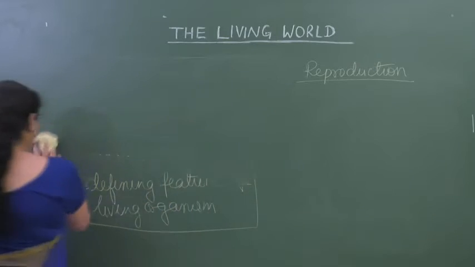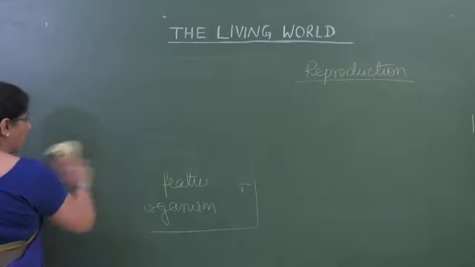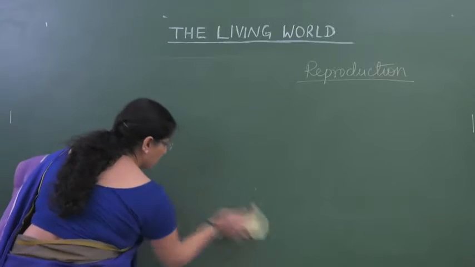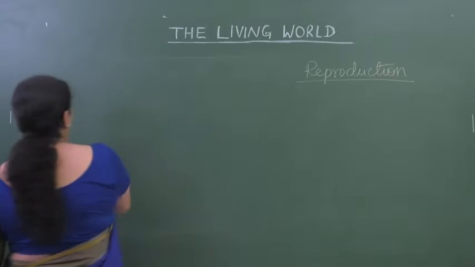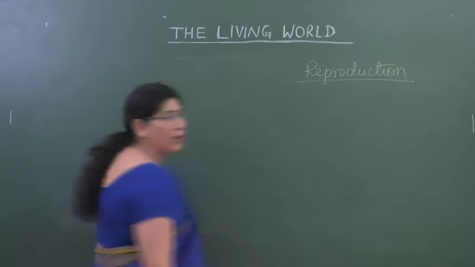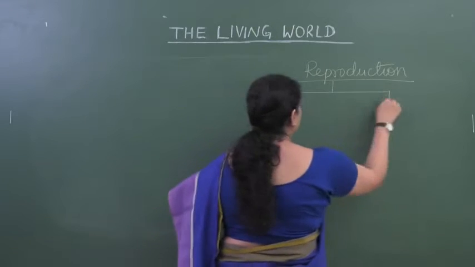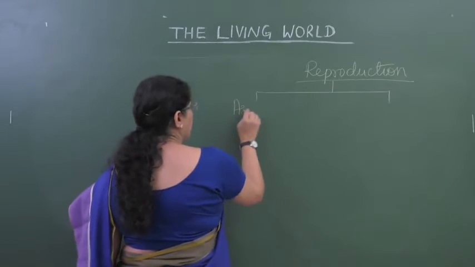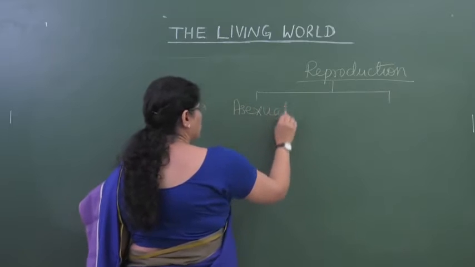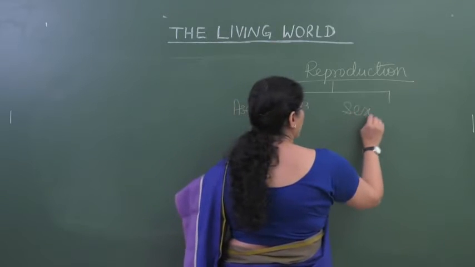Formation of next generation by the parent generation will be called reproduction. Reproduction can be by two methods, which we will do in detail in later chapters: asexual and sexual.